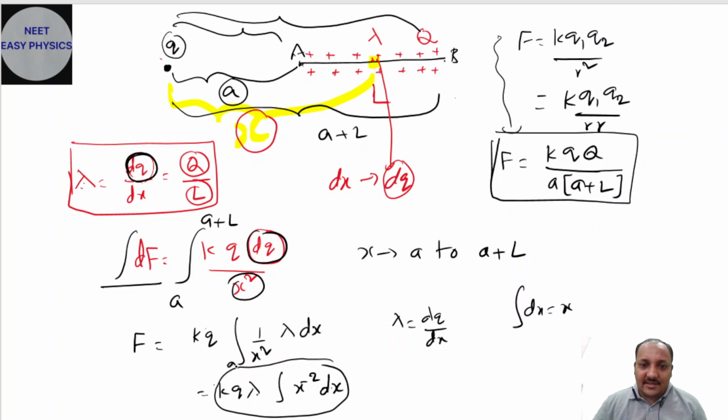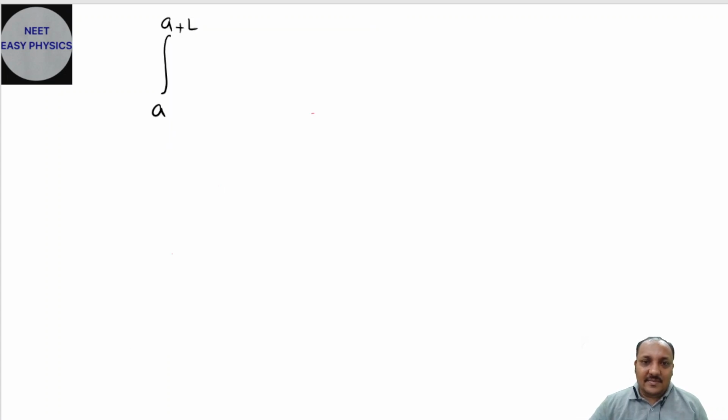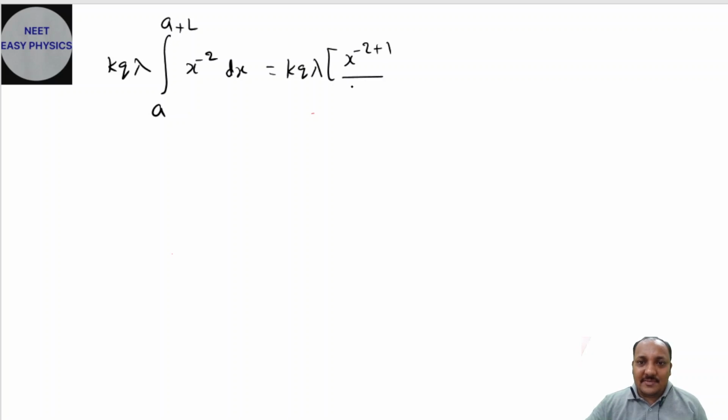Now if you do integration for this, what are the limits? Between the limits a to a plus l. On the left side, we have K q lambda x power minus 2 dx. What is the integration of this? K q lambda x power minus 2 plus 1 by minus 2 plus 1, between the limits a to a plus l.